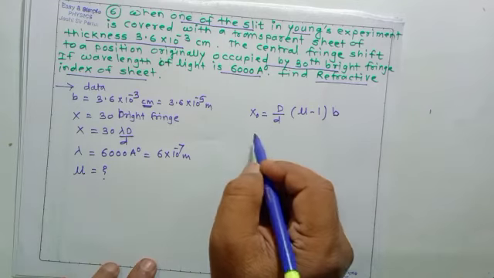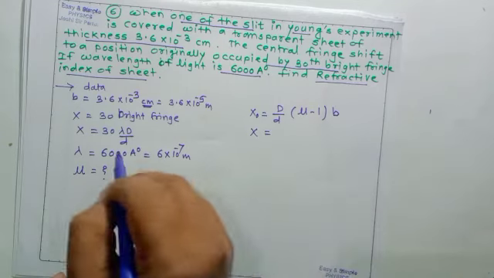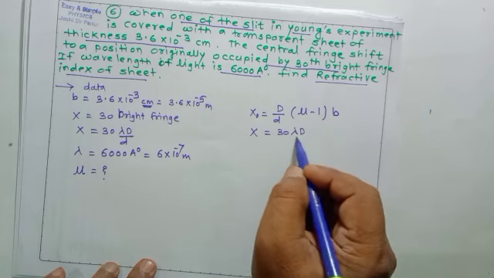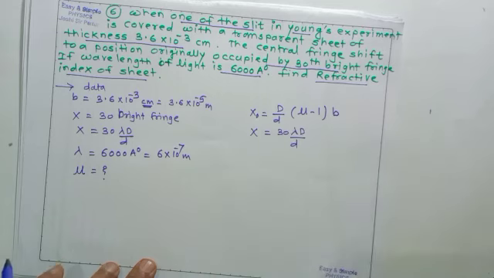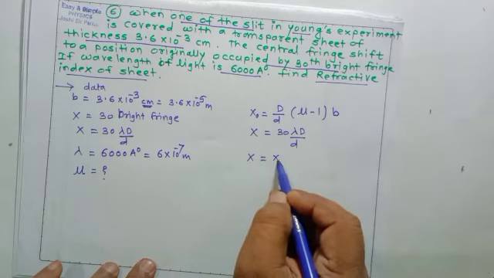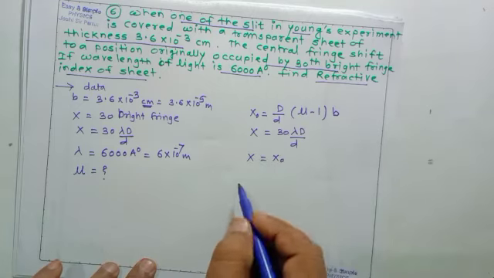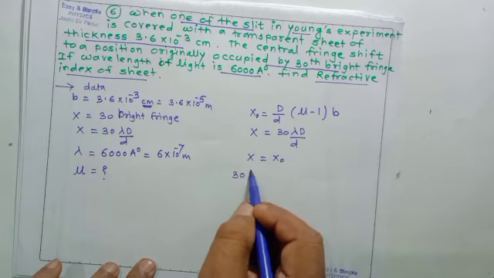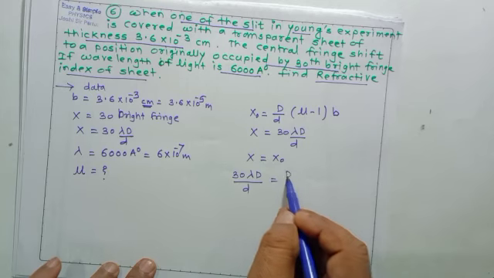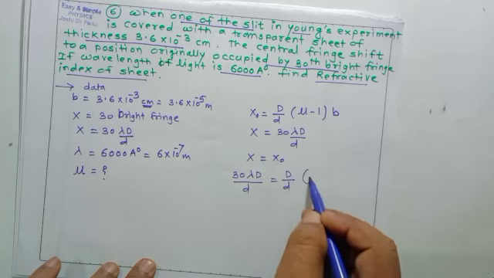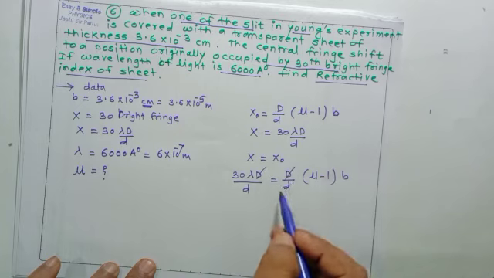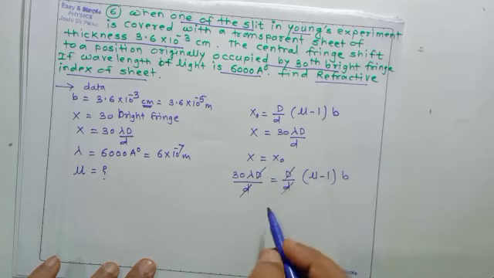And here it is given as the 30th bright band, lambda D upon d. If we take x is equal to x0, the fringe shift, that will be 30 lambda D upon d is equal to D upon d in bracket mu minus 1 into B. Capital D gets cancelled, small d gets cancelled.